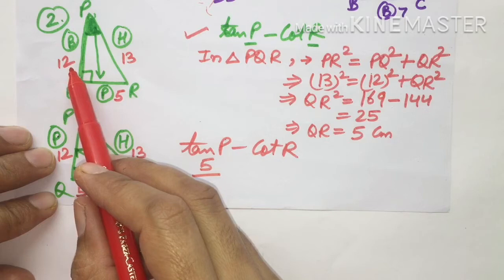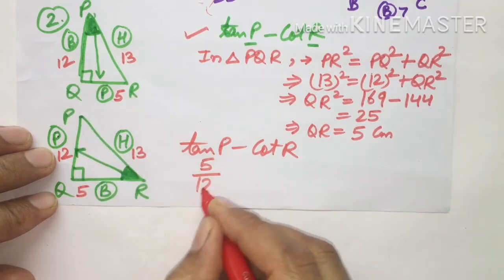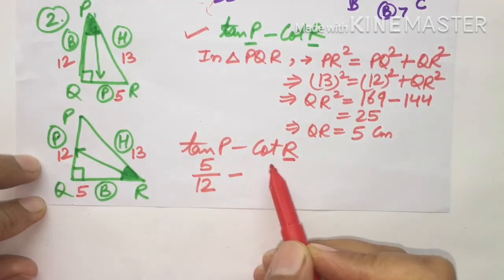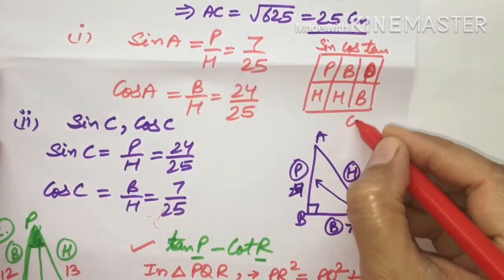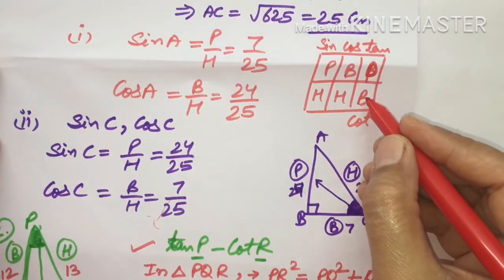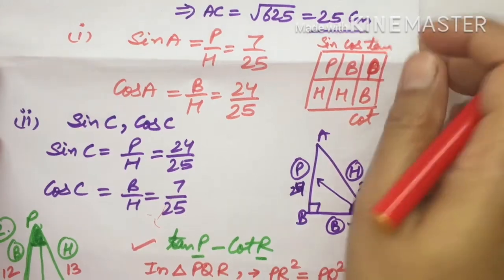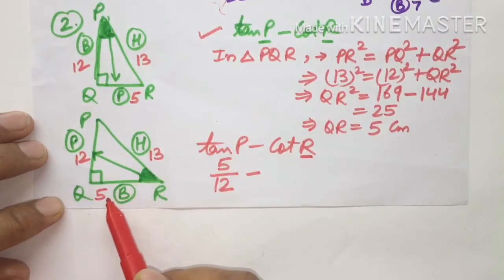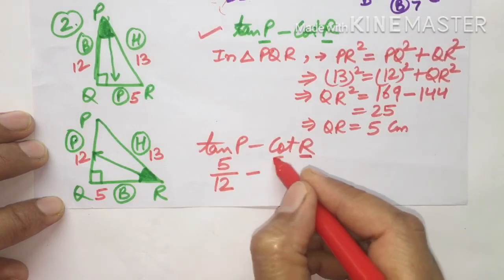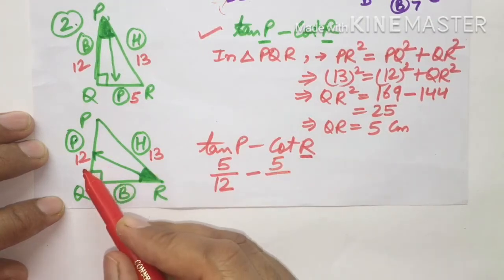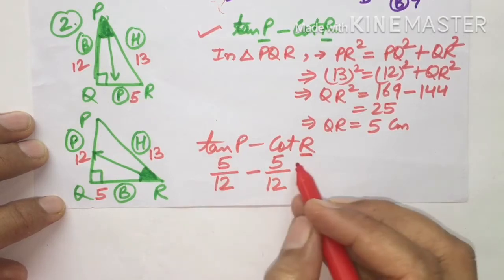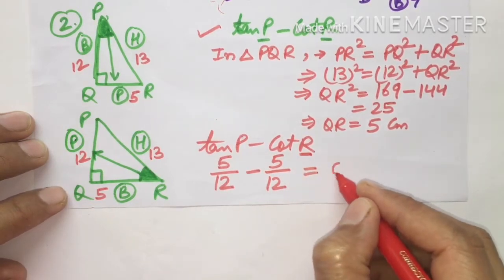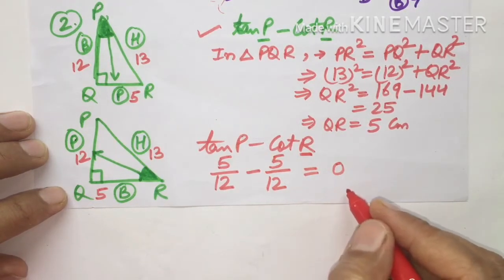So base is 12. So we will write 12 minus value of cot R. So cot is reverse of tangent. Reverse of tangent means base upon perpendicular. So base is 5 here. So we will write down 5 upon perpendicular is 12. So perpendicular is 12. Same value we are subtracting. So the answer will be 0.